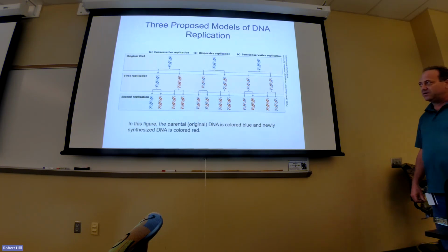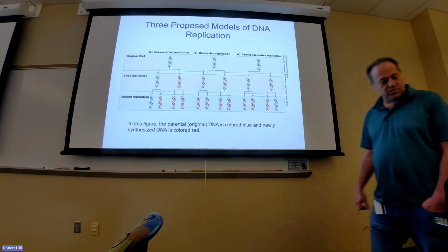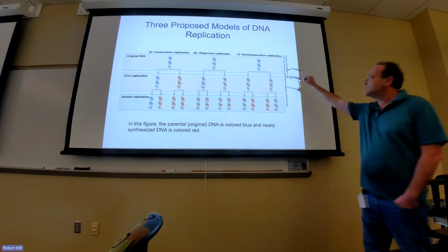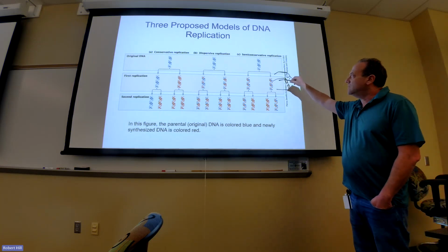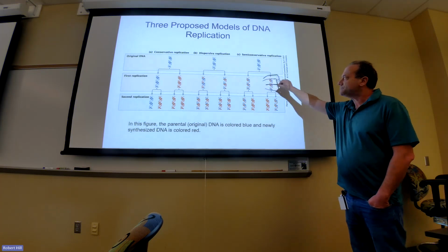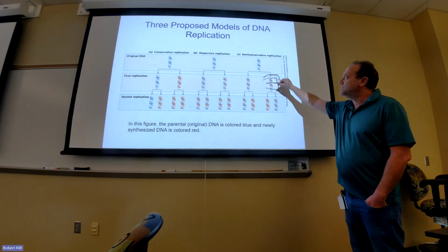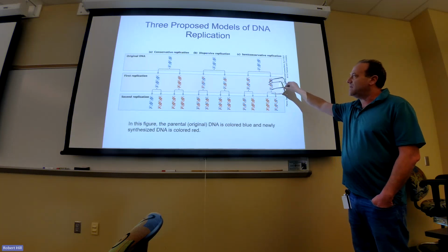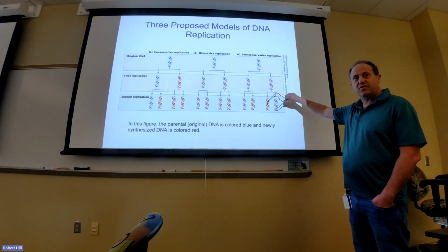Right, so this figure does a nice job of looking at what happens after subsequent rounds. This is the semi-conservative model, which we know is what occurs. You can see after the first round, you have 50% new DNA and 50% parental, and that remains after subsequent rounds.